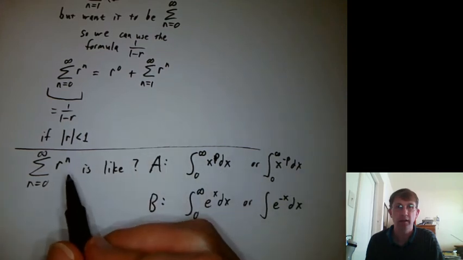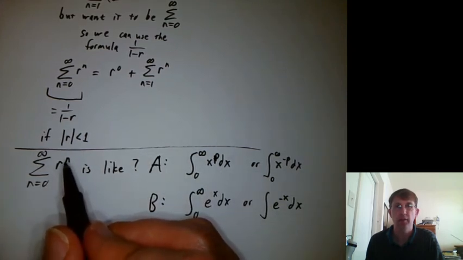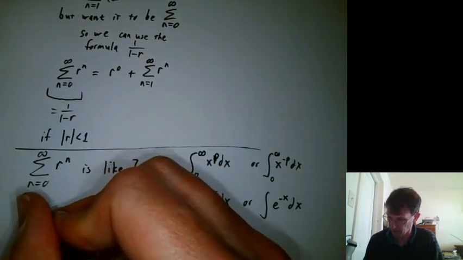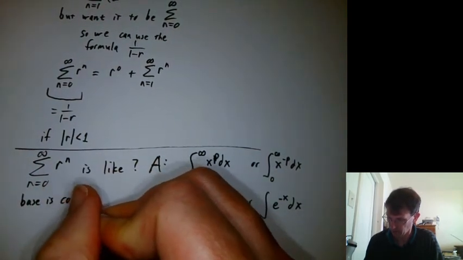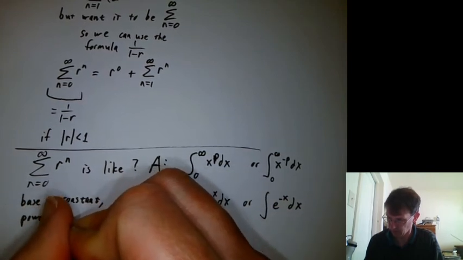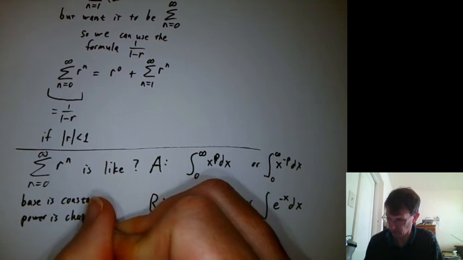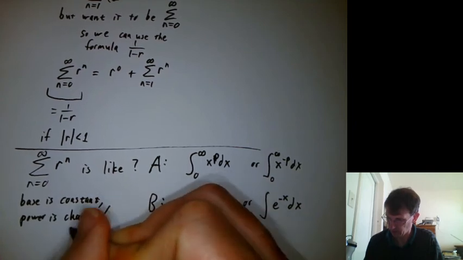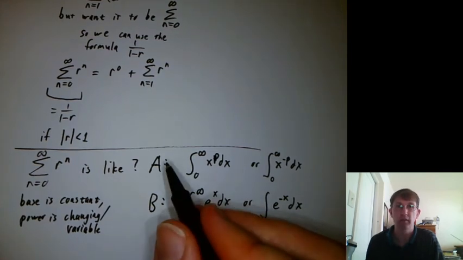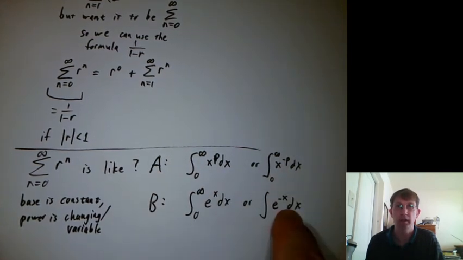Well, here the base is constant and the power keeps changing. So we could say the power is changing or a variable. So which of these options, A or B, has the base constant and the power changing?